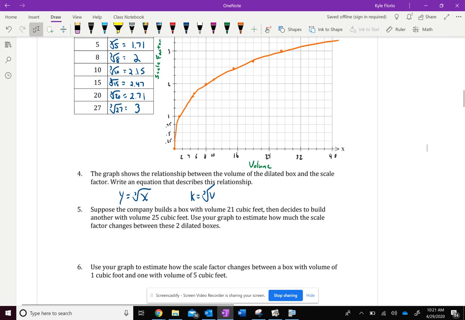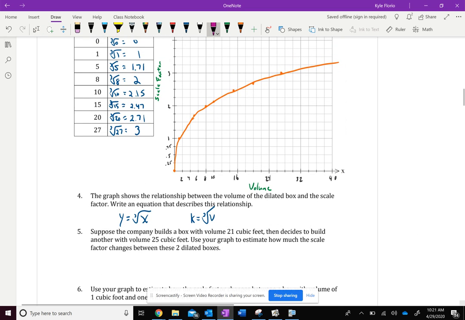Suppose the company builds a box with a volume of 21 cubic feet and then decides to buy another one with 25 cubic feet. Use your graph to estimate how much the scale factor changes. So let's just use our graph here. It says estimate using your graph. So if volume is 21, 21 is going to be right about here.